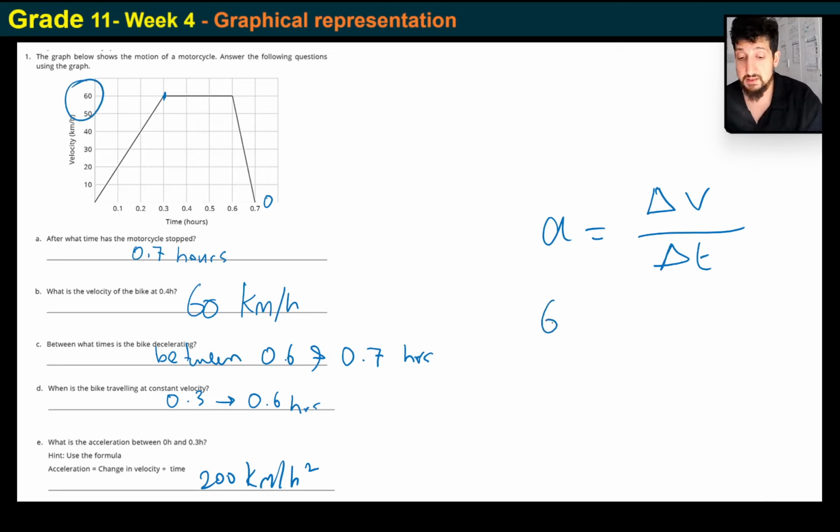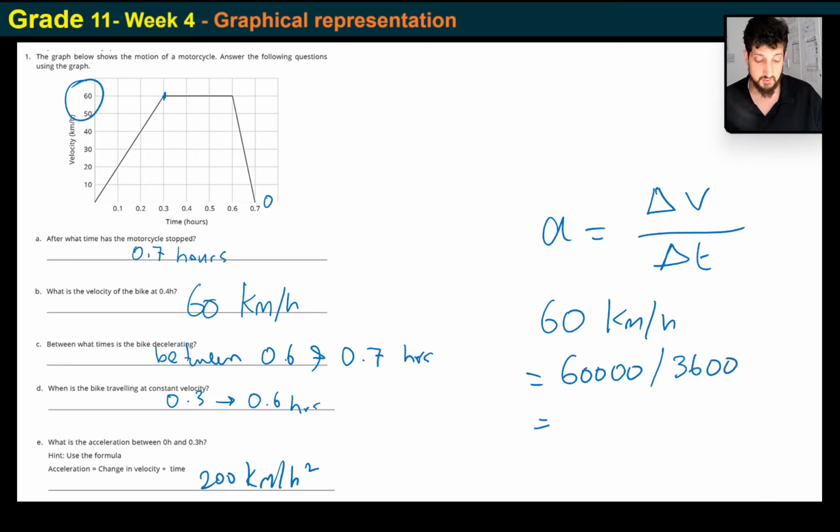V2 is 60 kilometers per hour, which equals 60,000 per 3,600 seconds, which equals 16.7 meters per second.